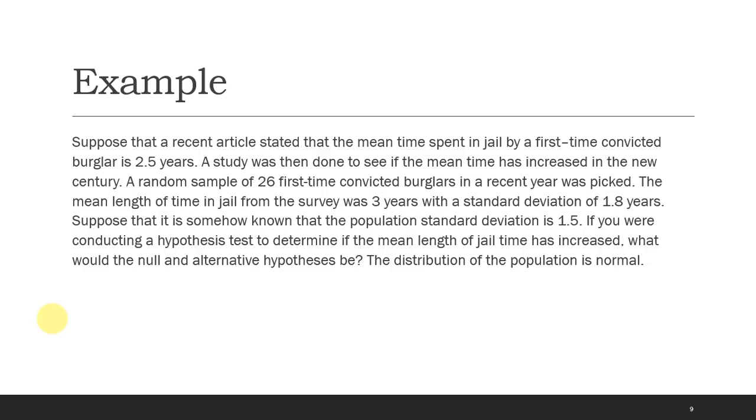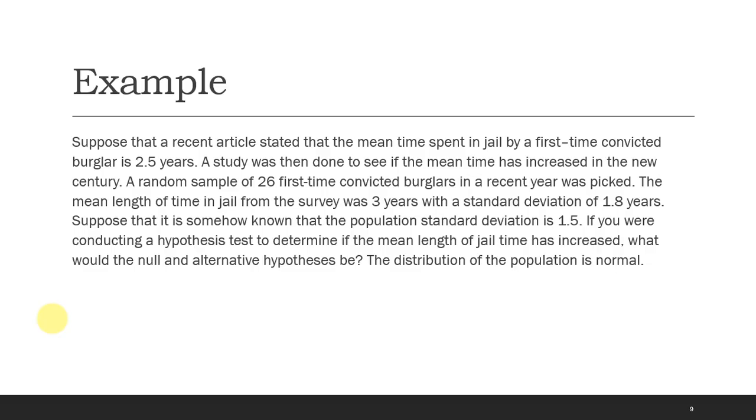The mean length of time in jail from the survey was 3 years with a standard deviation of 1.8 years. Suppose that it is somehow known that the population standard deviation is 1.5. If you were conducting a hypothesis test to determine if the mean length of jail time has increased, what would be the null and alternative hypothesis? And then we're just going to assume for now that the population is normally distributed.